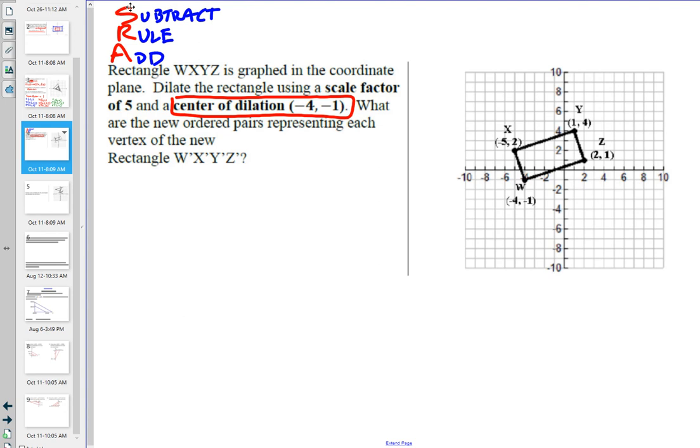Reflections occur around a line, an axis of reflection, but rotations and dilations occur around a point, right? So when they tell you subtract, rule, and add, the add and subtract apply to the center. The rule has to do with the dilation, or even better, let's call it the scale factor. That's when you apply the scale factor.